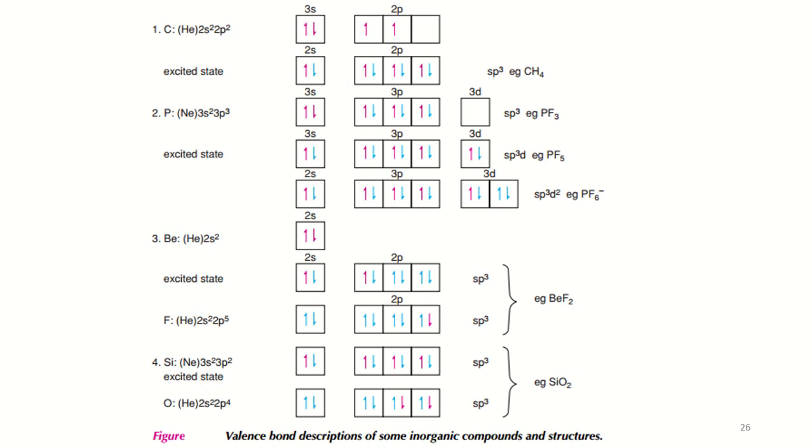It includes dative bond formation in which both electrons in a covalent bond are provided by the more electronegative atom. It also relates the number of lone pairs and bonding electron pairs directly to the element oxidation state.